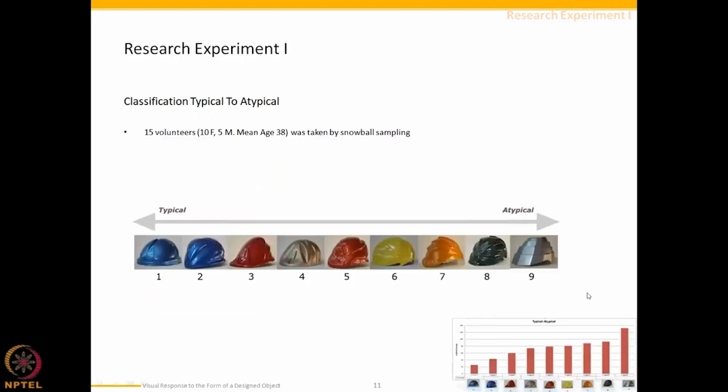So, snowball sampling, and I took 15 volunteers. First, these were random, and I created a scale. That scale, out of 15 people, is how they treated it.